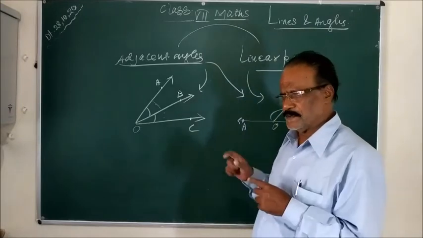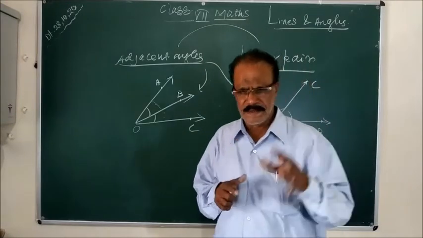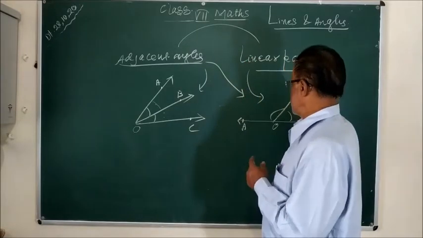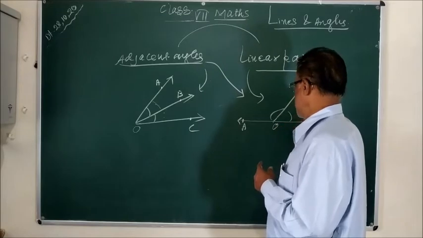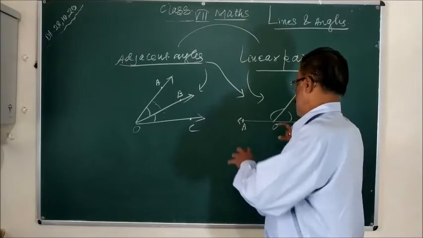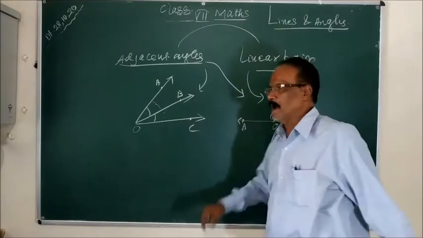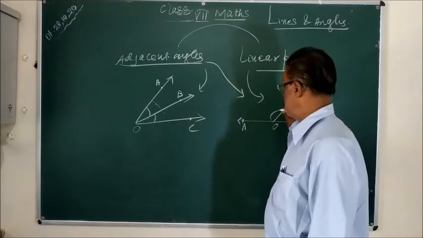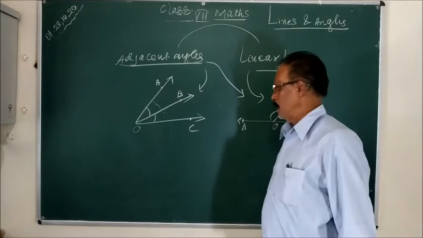If you ask, sir, is this also adjacent angles? Yes, this is also adjacent angles. But the adjacent angles in which the non-common arms are opposite rays will be called a linear pair.